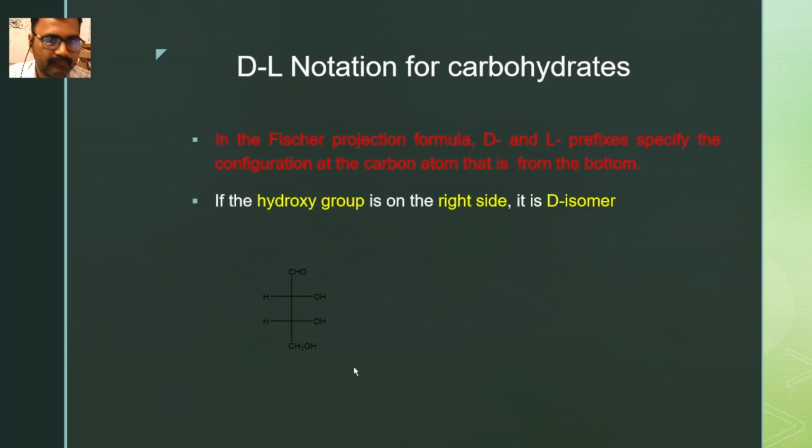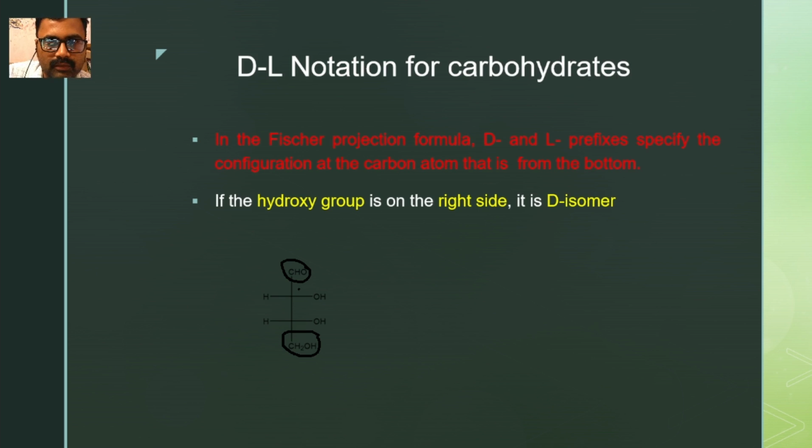In this formula, we observe that the most oxidized group, in this case the aldehyde, is the most oxidized group in the carbohydrate, so it is present at the top in the Fischer projection formula, whereas the least, that is this CH2OH group, the achiral group, is present at the bottom.